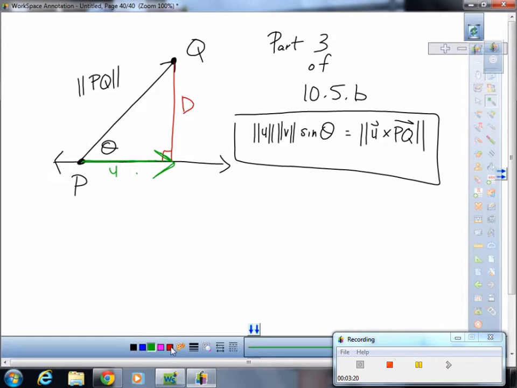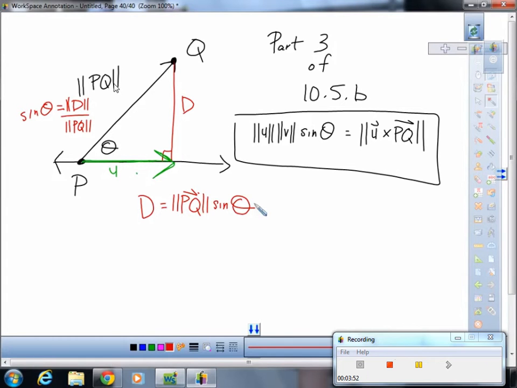So D is equal to, well, let's remember our trig. Sine of theta is equal to opposite. And I'm putting the magnitude on that, but it doesn't matter because D is already a magnitude. It just represents distance. So that's me just kind of being confusing. Over the magnitude of PQ, which is the hypotenuse. So to solve that for D, we get that it is equal to the magnitude of PQ times the sine of theta. Is everybody okay with that?